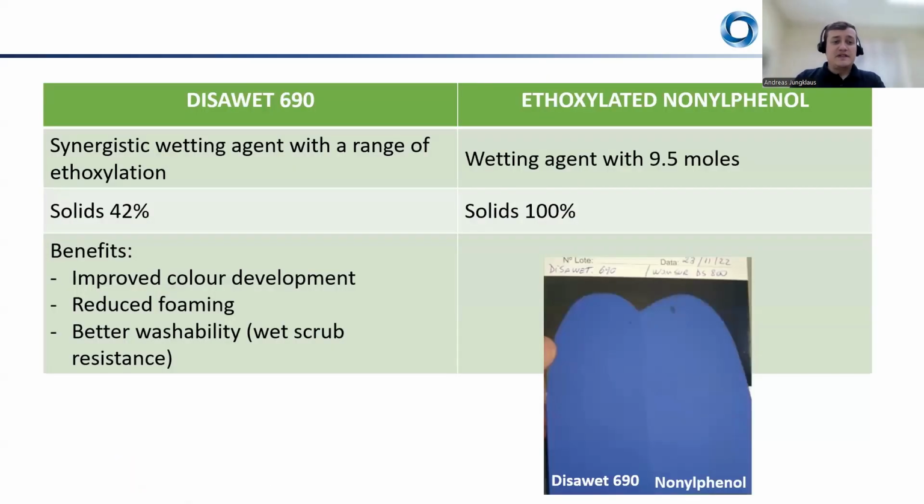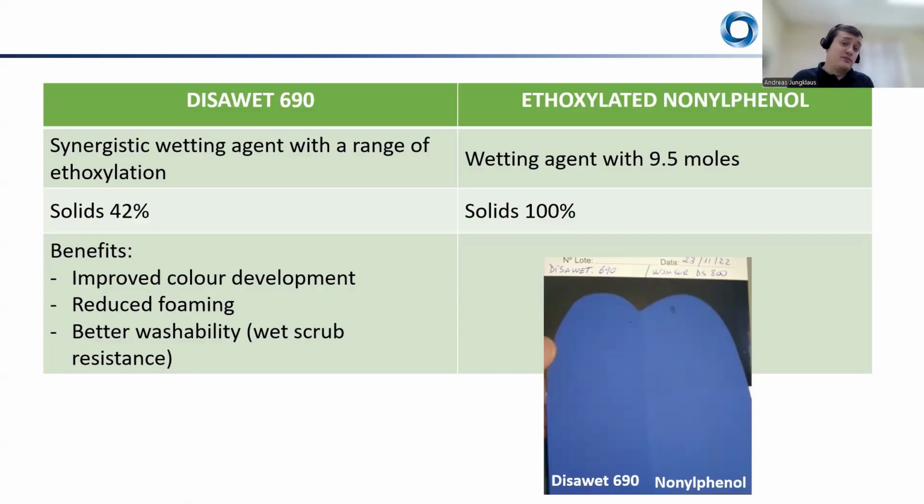And this image compares a modern synergistic wetting agent, our Disawet 690, with a traditional ethoxylated nonylphenol 9.5 moles. It highlights how ethoxylation degree influences the hydrophilic lipophilic balance, the HLB ratio, and the wetting behavior as well.